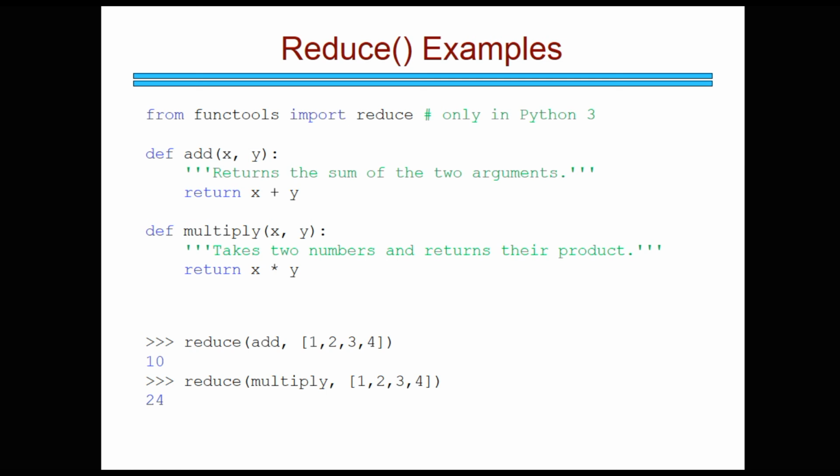Then you see the function definitions of add and multiplication, and applying reduce with the add function to the list 1, 2, 3, and 4, the result you get is 10, which is the summation of all these numbers. If we apply the multiplication function using reduce, we get 24, which is 4 factorial. So this shows that we can implement the factorial function using reduce.